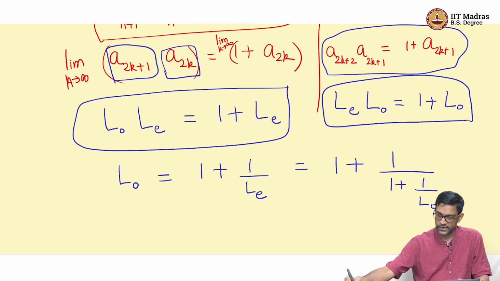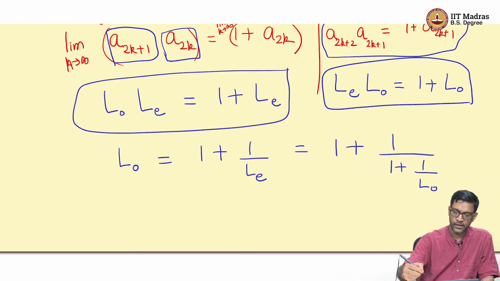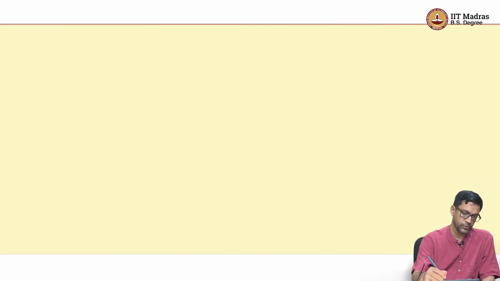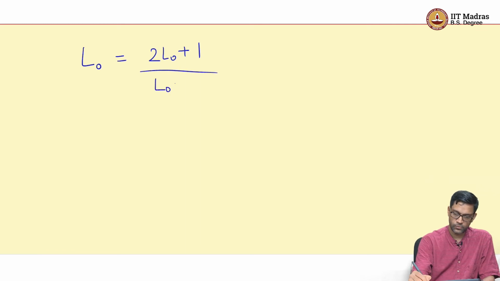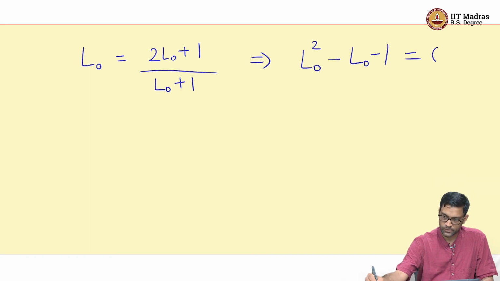So what I have is that L odd equals 1 over 1 plus 1 over L odd, and you just have to unravel what this means. If you do that, you get that L odd equals (L odd plus 1) over (2 L odd plus 1), or if you expand both sides, you get L odd squared minus L odd minus 1 is 0.